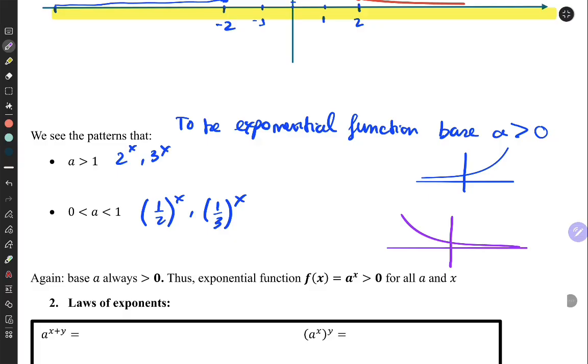Exponential, but exponential is the name; the more familiar term is increasing. Don't be shy, guys. Increasing. So when you have a base that is greater than 1, you have an increasing function. When the base is between 0 and 1, that is decreasing.